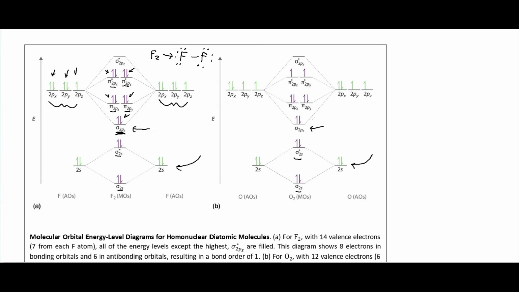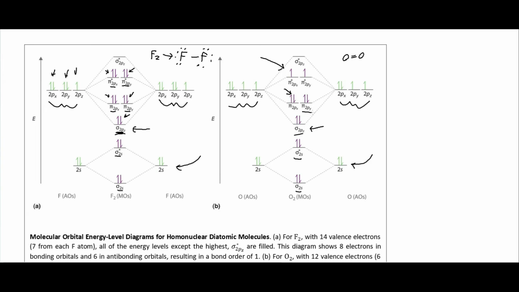Then the thing to notice for oxygen is that we do the same thing. We add our atomic orbital electrons into the molecular orbitals. And what we see is we have these 2 lone electrons in these antibonding orbitals. And so we still have 2 electrons up here, which cancels out one of these pi bonds, which is why oxygen still has a double bond character, because we have the sigma bond.